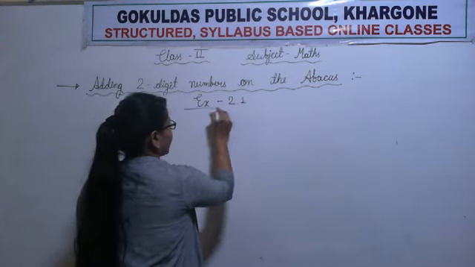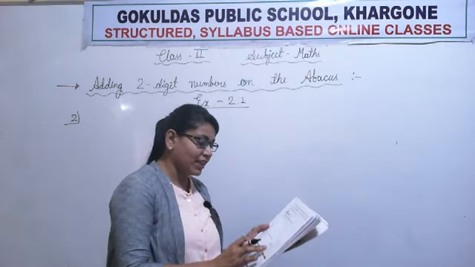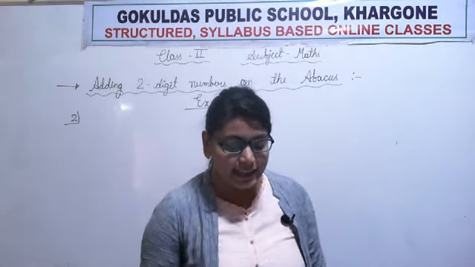It was based on properties of addition. What were those properties? Zero property and order property. Now question number 2.